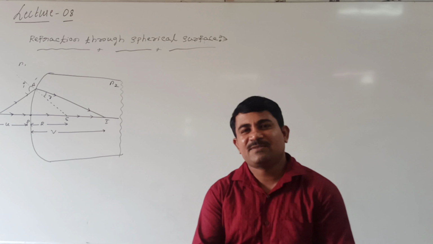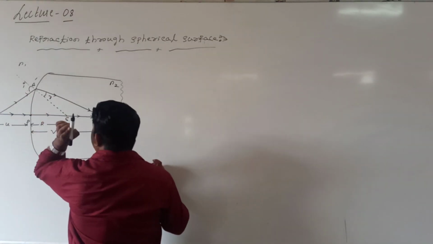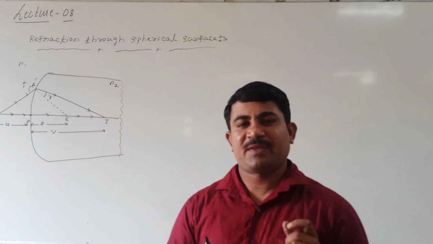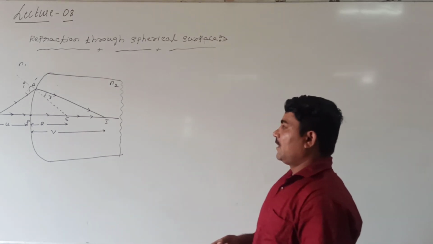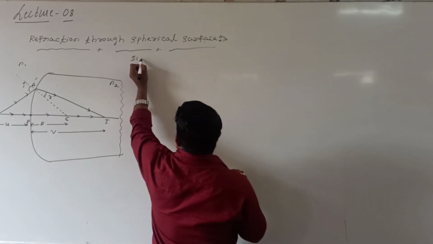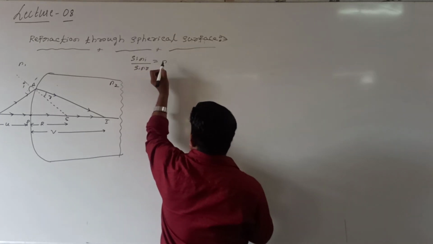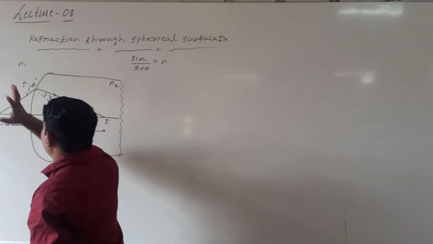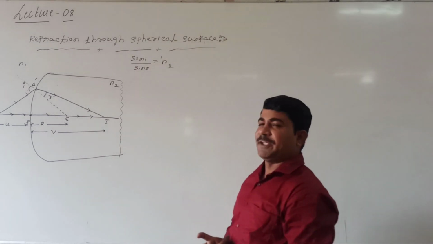Right. Now listen to me. The ray of light travels from the rarer medium to the denser medium at an angle of incidence i and an angle of refraction r. Let us apply Snell's law of refraction. What does Snell's law of refraction say? The ratio of the sine of the angle of incidence to the sine of the angle of refraction is constant, the refractive index of the second medium with respect to the first medium.